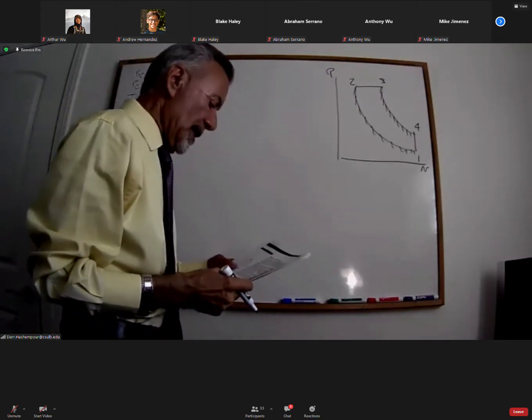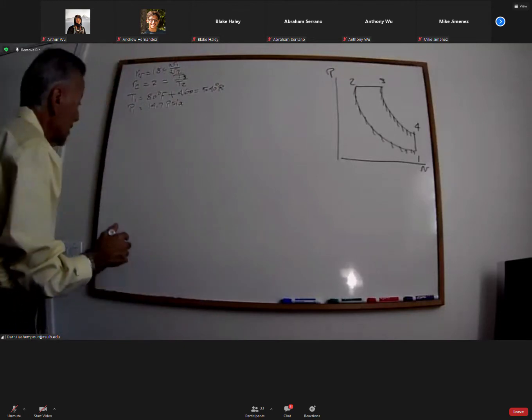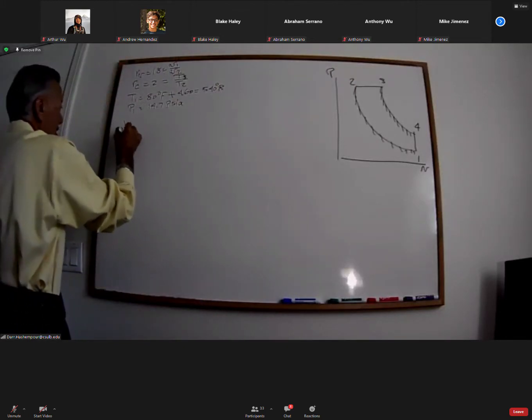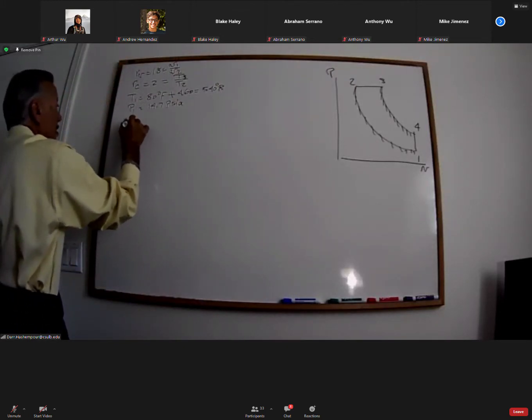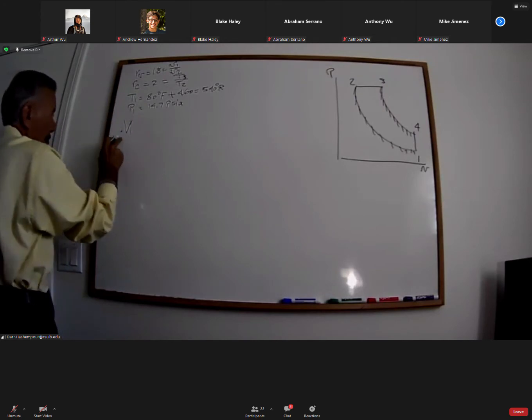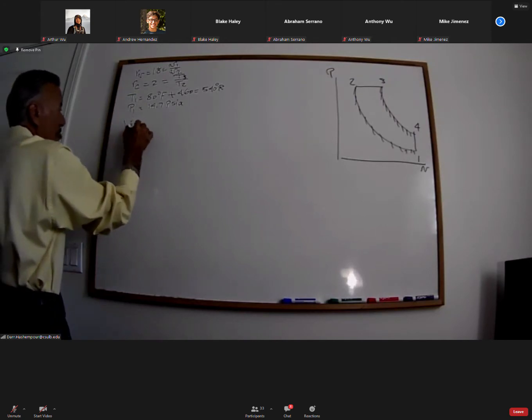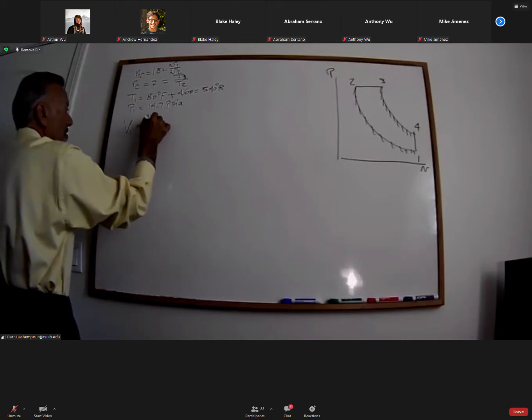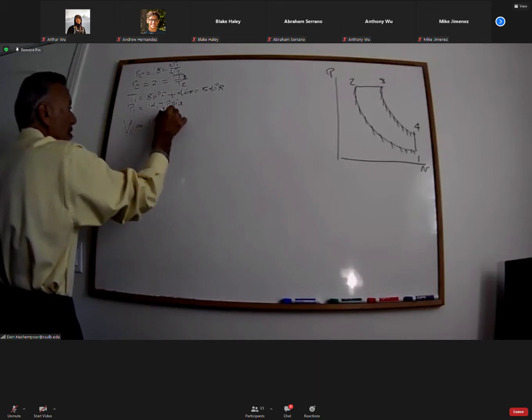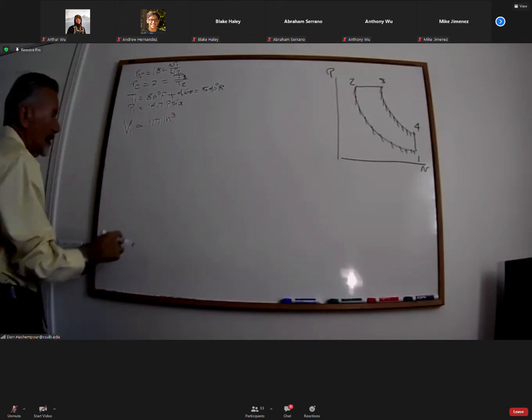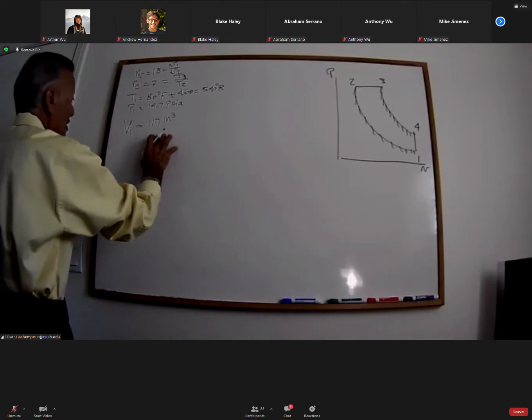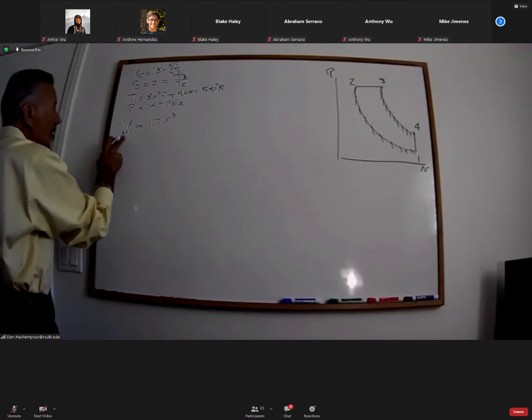Now, one thing that they say is that V1, and you see that I put the big V because the unit tells me that it's 117 cubic inch. If this was cubic inch per pound, this would be a small v.